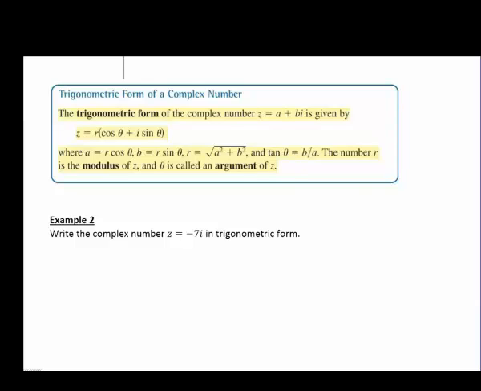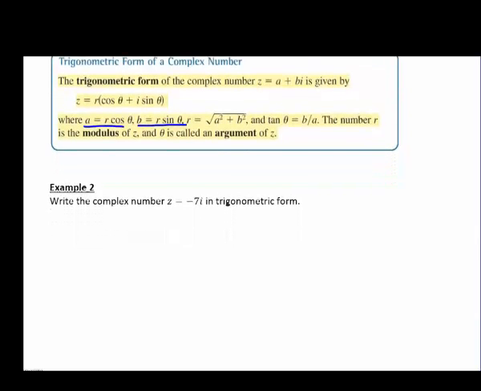And then you also have a few other little formulas that might help you out. a is equal to r cosine of theta, b is equal to r sine theta. Again, r was the square root of a squared plus b squared. And then remember that tangent is b over a. Okay, and so the number r is the modulus of z, and theta is called the argument. So those are just some new terminology for you.